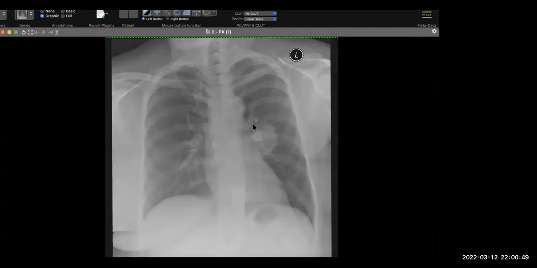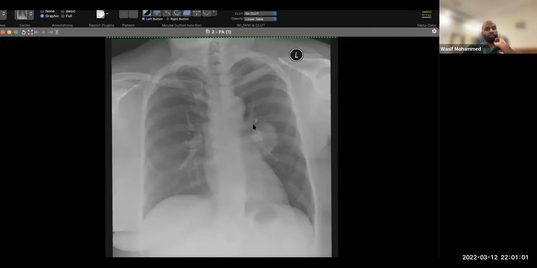A possible differential could be a second primary malignancy in the same patient. However, the possibility of that is less likely. So fine, I'm happy with your diagnosis. Do you have a differential, or are you convinced about which?